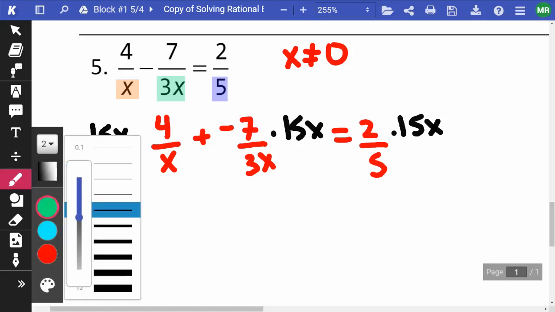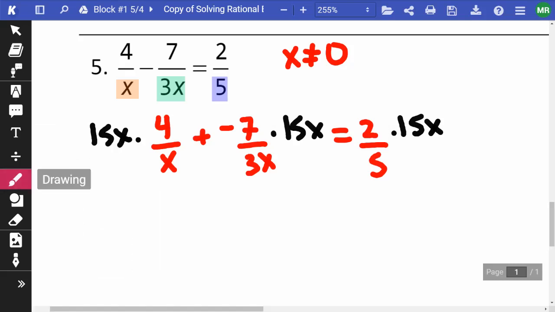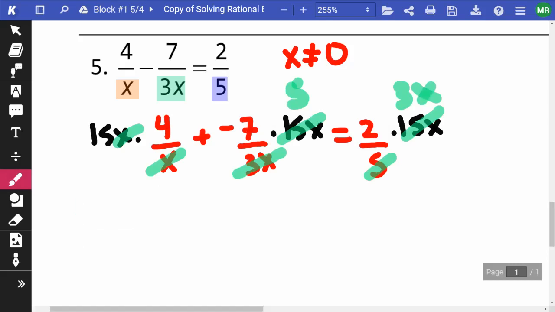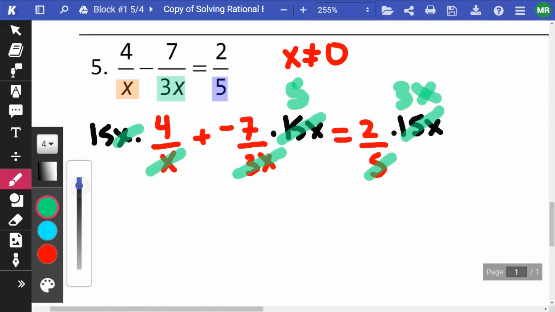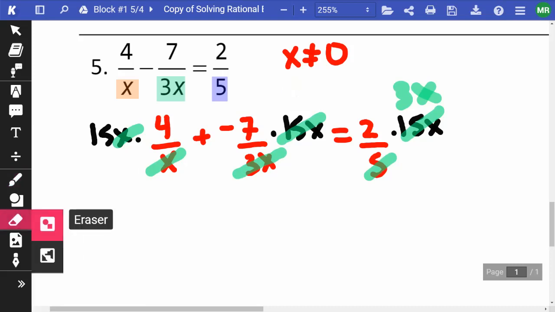And now I'm going to simplify. And so this x with this x, 3x goes into 15x 5 times. 5 goes into 15x 3x times. Let me write that a little better. Okay, so again, that is a 5.